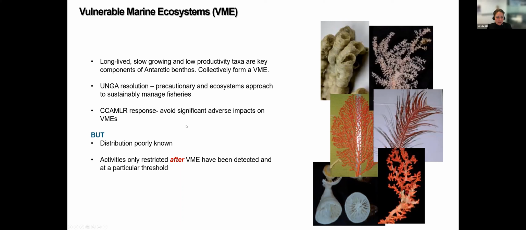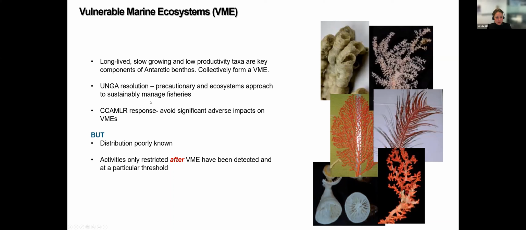The UN General Assembly had a resolution in, I think it was 2006, that called on regional fisheries management authorities to have a precautionary and ecosystem approach to sustainably manage their fisheries with specific reference to impacts on benthic systems.